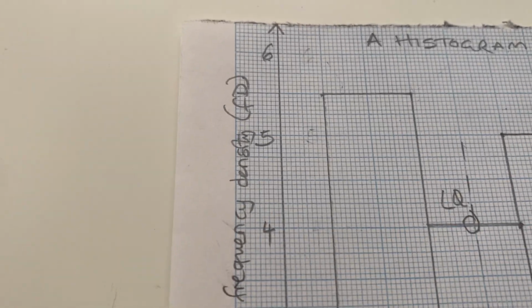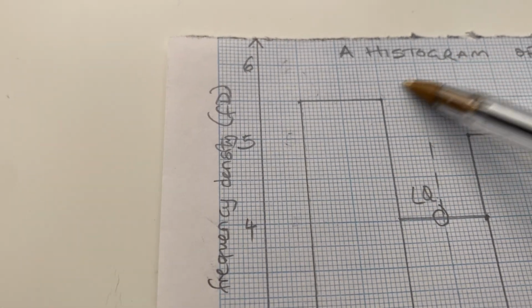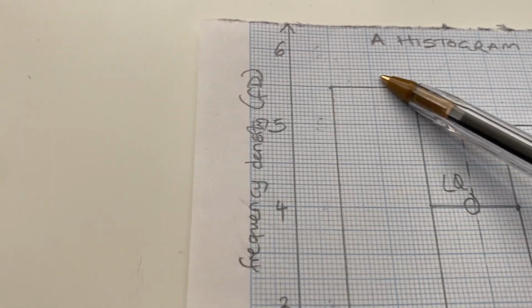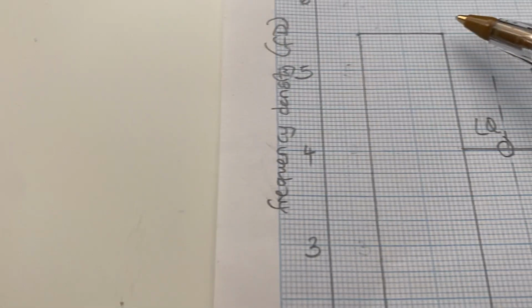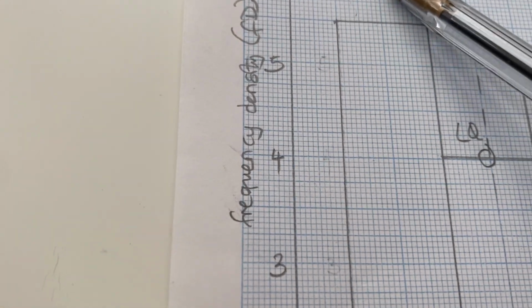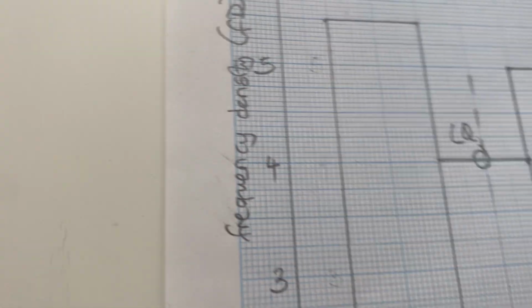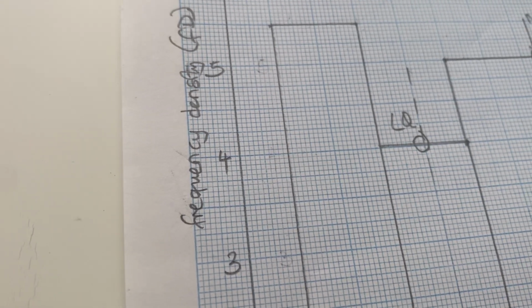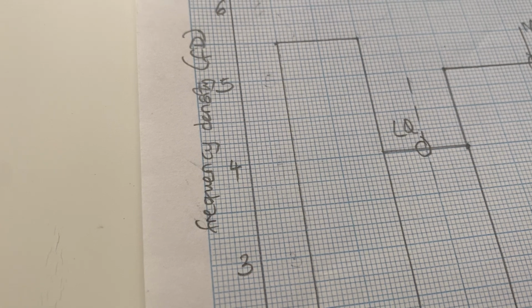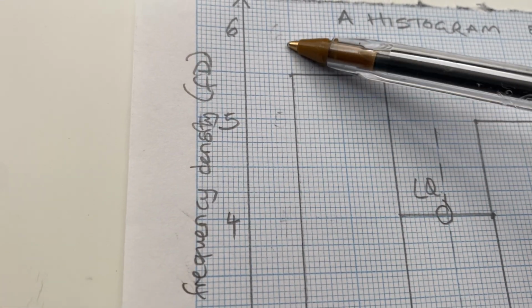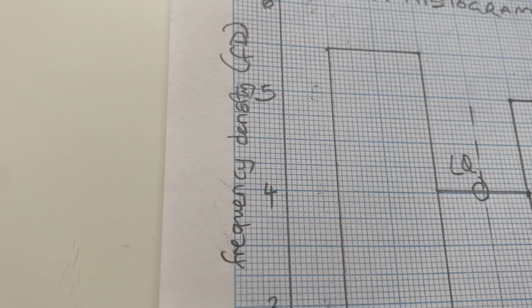Now the frequency density, the y-axis, was up to 6 here. So I need to change this part of the graph.